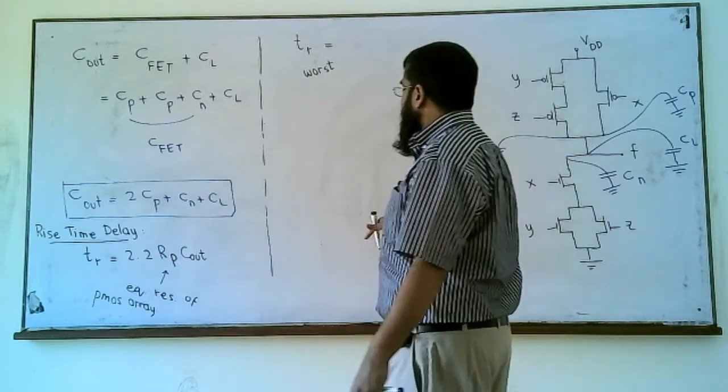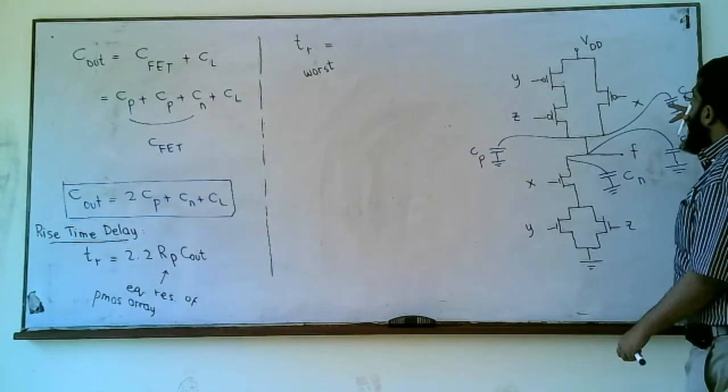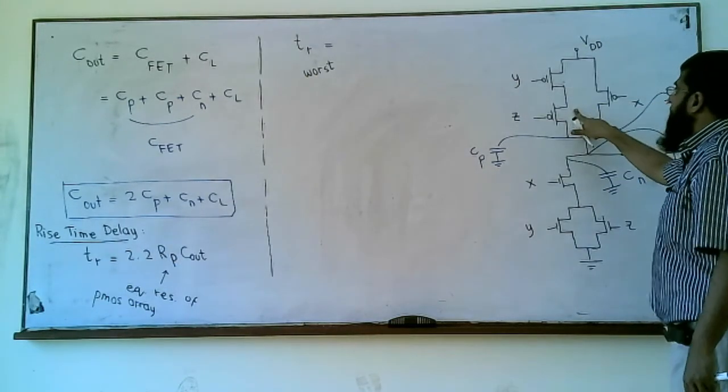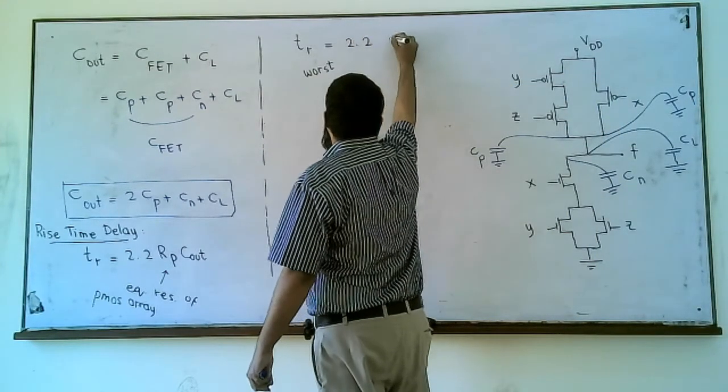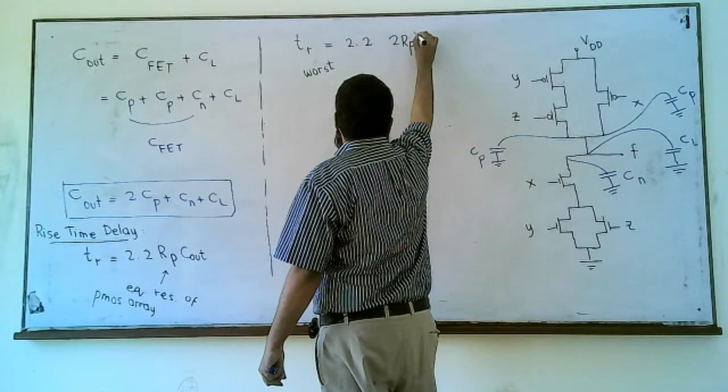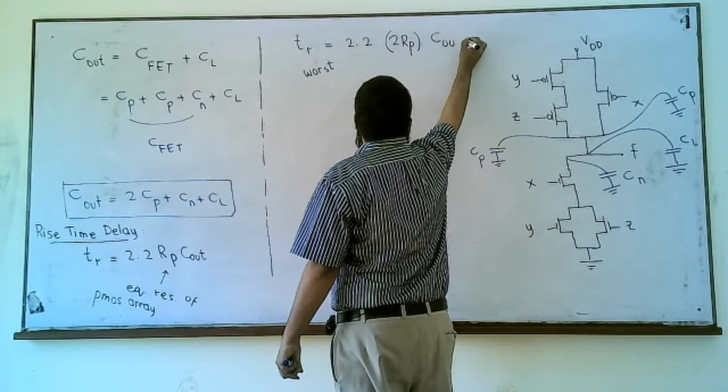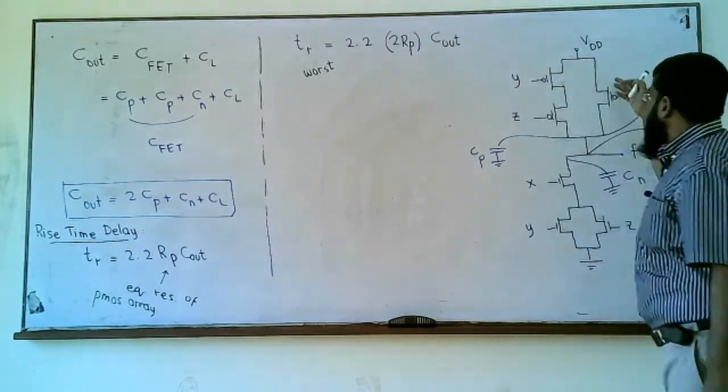Rp would be max when we have these two transistors on, Y and Z on, because in that case we'll have 2 Rp in the path. So 2 Rp is of course larger than Rp.